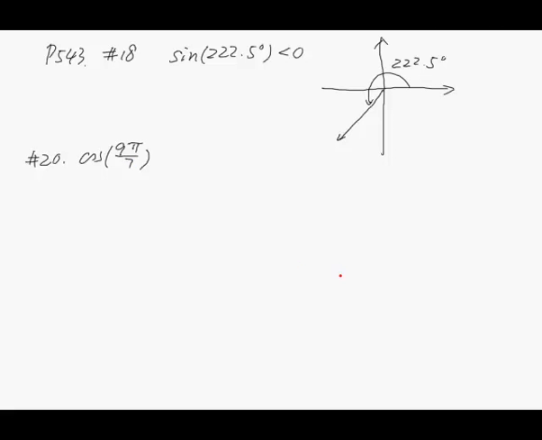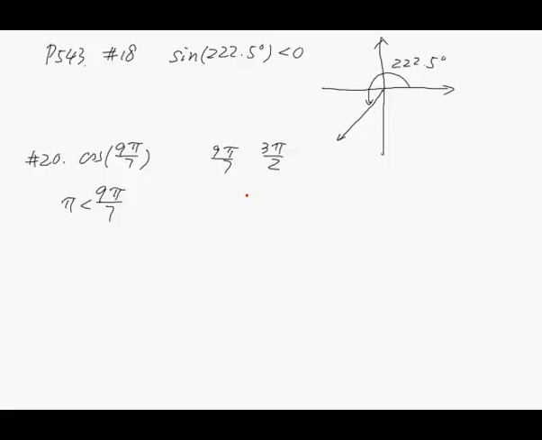And first, you know this 9 pi over 7 definitely bigger than pi, right? And now you compare this 9 pi over 7 with the 3 pi over 2.